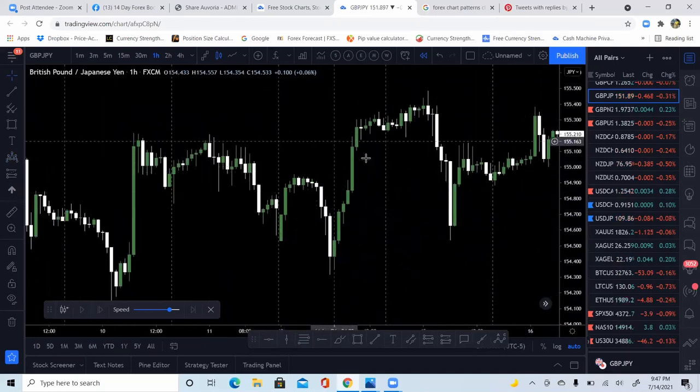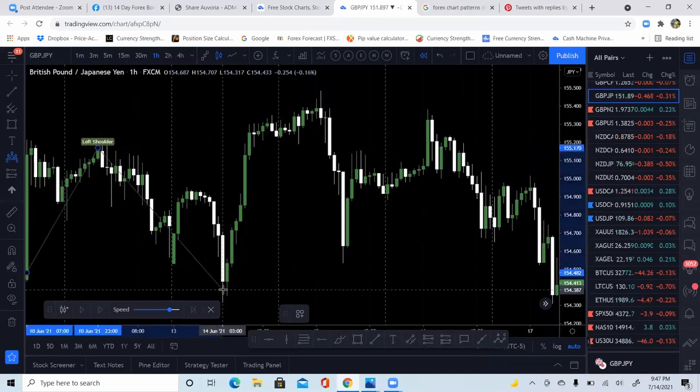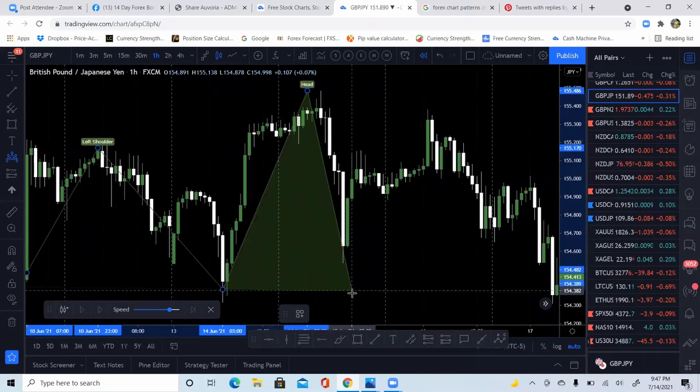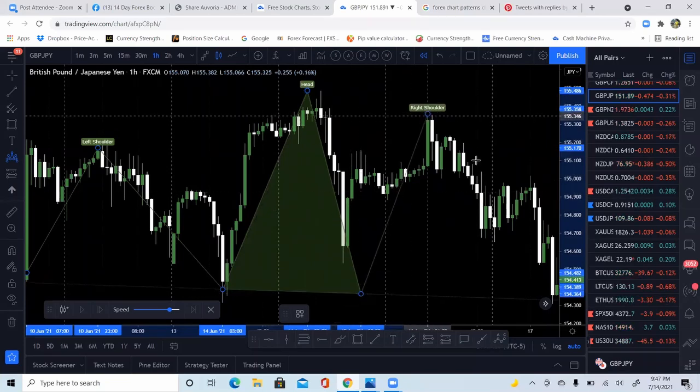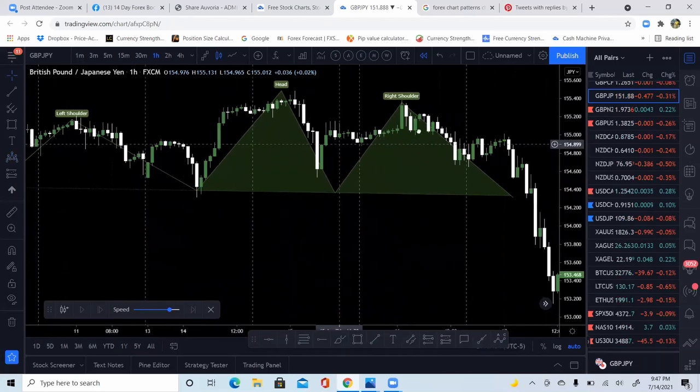Then you start to really see it, you start to notice it more. So you have your high followed by a higher high, which is followed by a lower high. That's a head and shoulders.